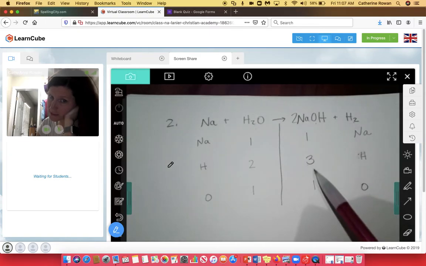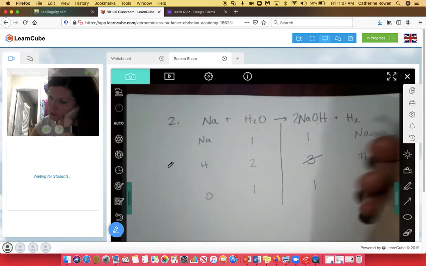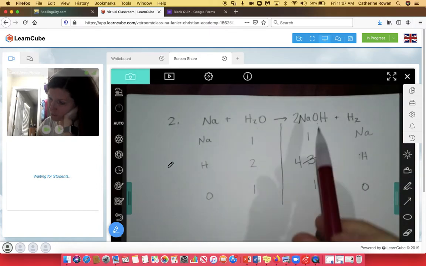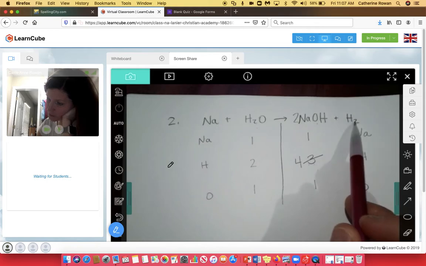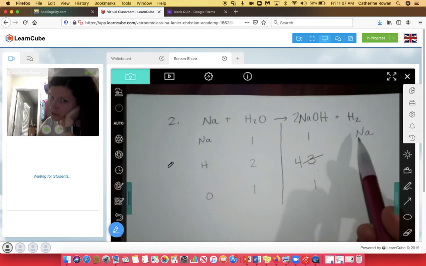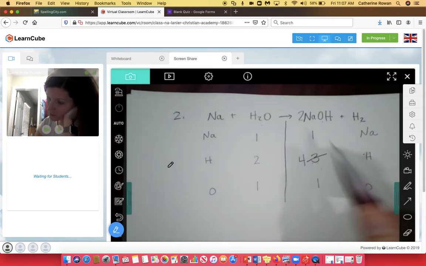So I need this to be a multiple of 2. And the way I can make that a multiple of 2 is make it a 4. So I'm going to now say there's 4 because there's 2 here, 1, 2 from that 2, and then there's 2 here, 1, 2 from that hydrogen. So that's 4. But that also means that I have 2 sodium now and 2 oxygen.